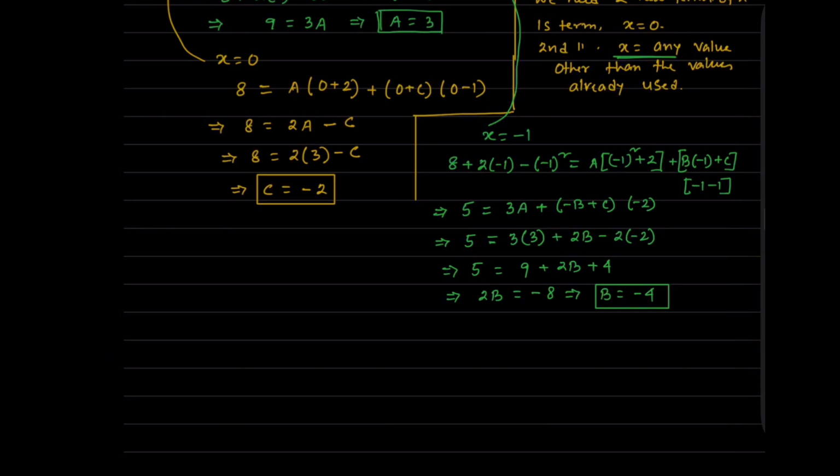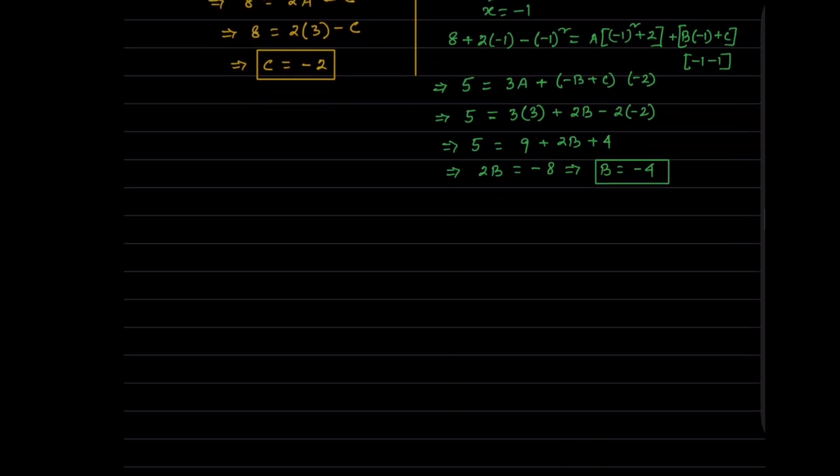So our final answer will be 8 plus 2x minus x square divided by x minus 1 into x square plus 2, which should be identical to a value was 3 by x minus 1 plus bx plus c, so b is minus 4, that will be minus 4x minus 2 divided by x square plus 2.